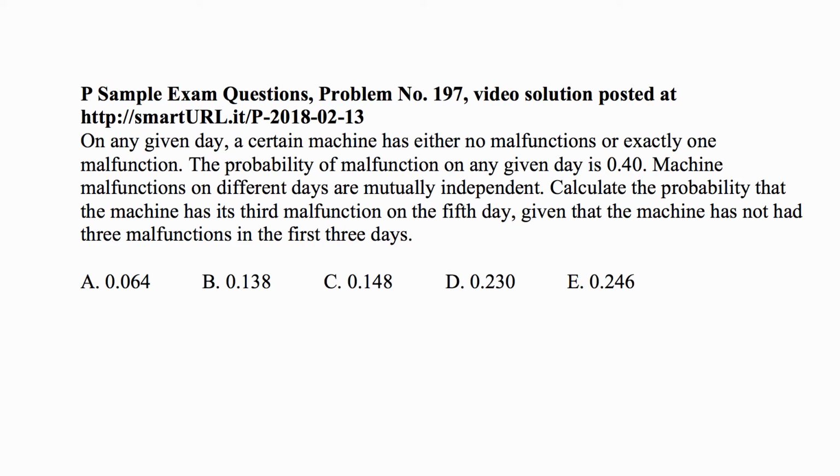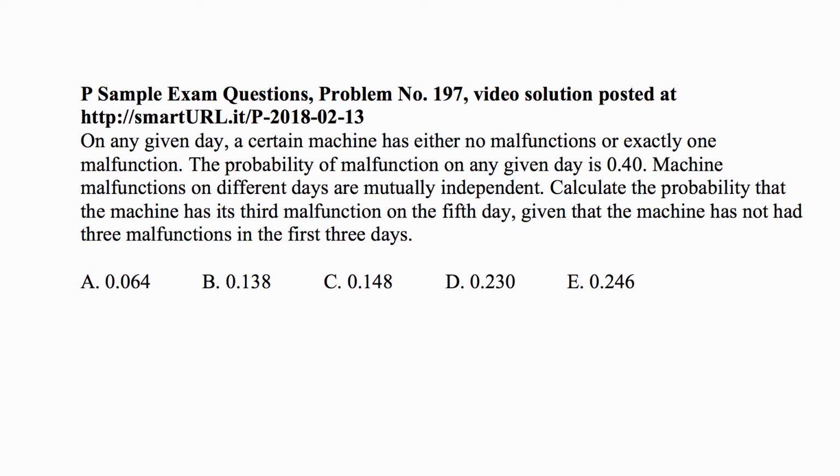So one thing that you should notice when you look at this immediately is that every day is a Bernoulli trial. You either have no malfunctions or one malfunction. And this is given the probability of success or failure, depending on how you phrase it.